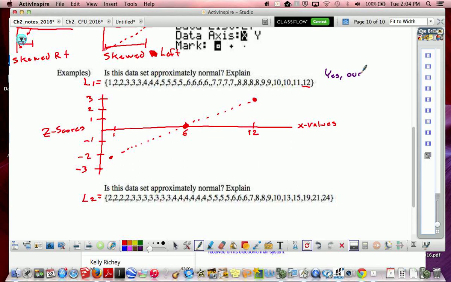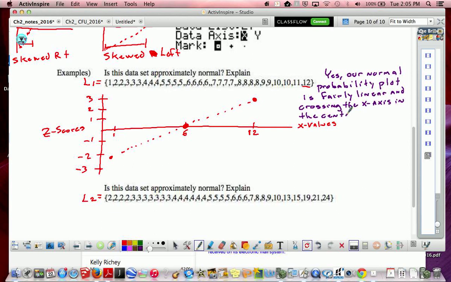Well, our normal probability plot is fairly linear and crossing the x-axis in the center of the graph.